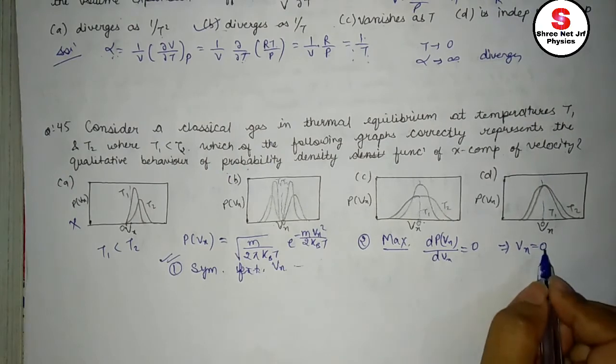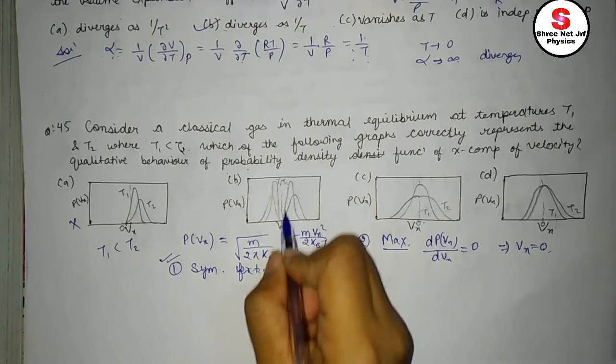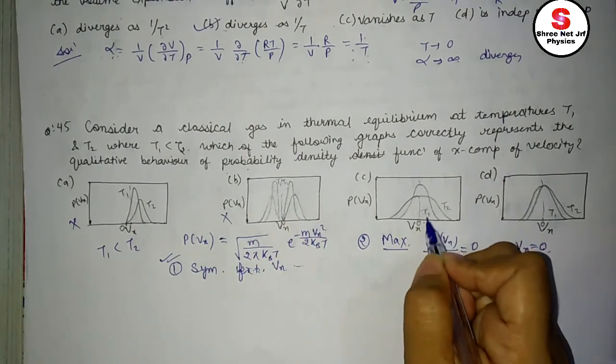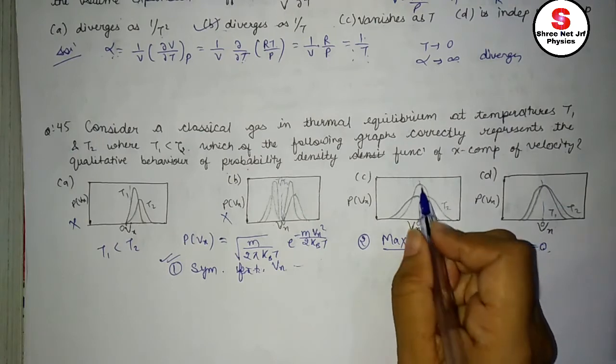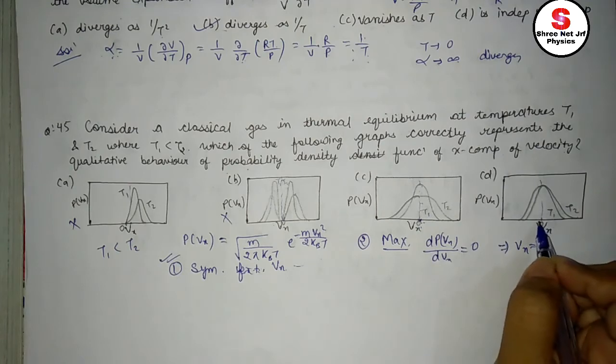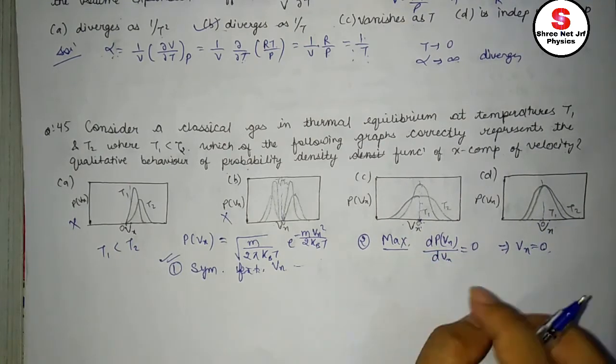Now according to this option, the maxima should be at Vx equals 0, but here the maxima is not at Vx equals 0, that means it is a wrong option. Here for both curves T1 and T2, the maxima is at Vx equals 0, so it can be right, and the same here. So C and D are still the remaining options.